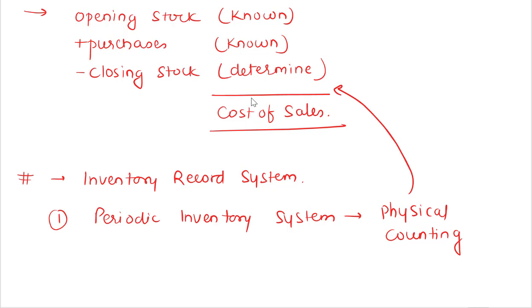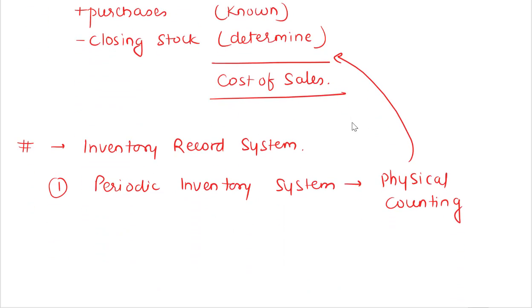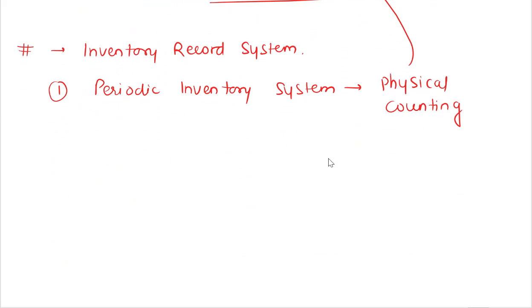And how it should be done? Like this. Opening stock we already know. Purchases we already know. Closing stock we will count and determine by physical counting. And then we ascertain the cost of sales. Understood?